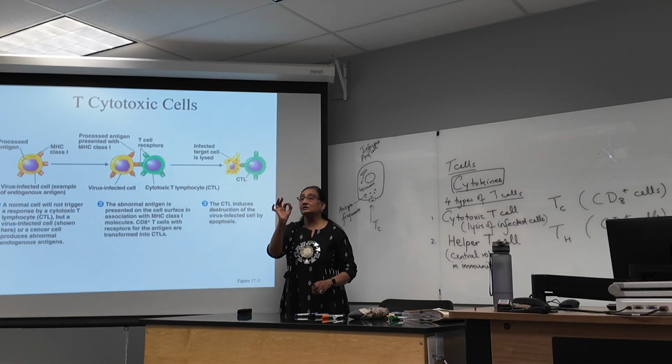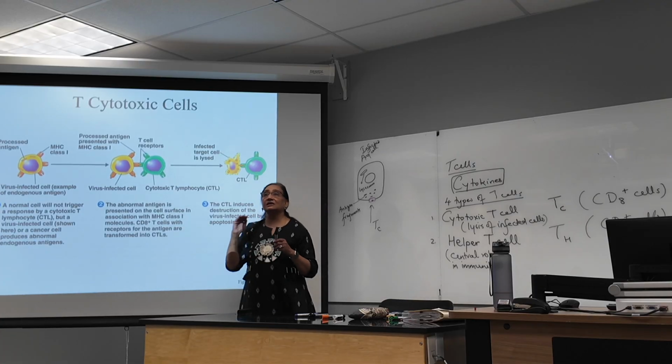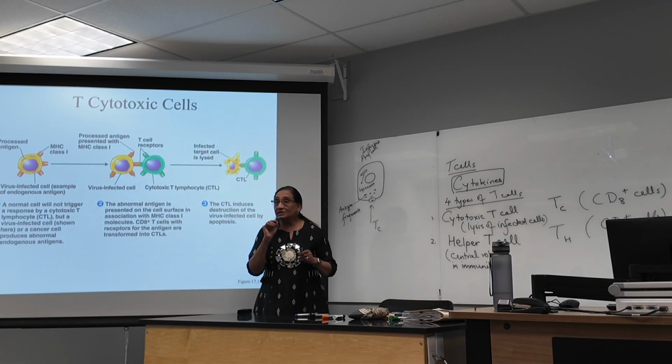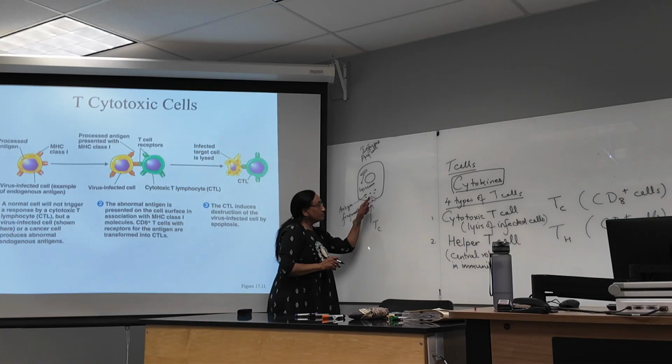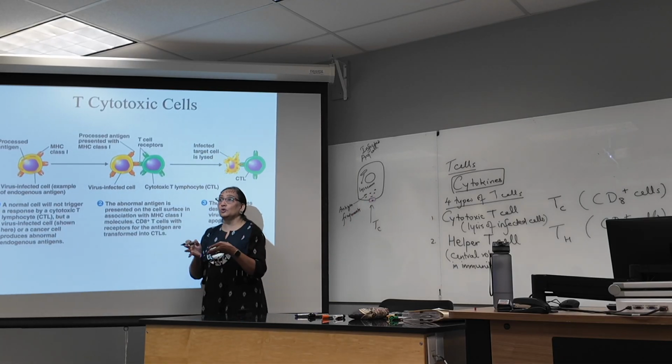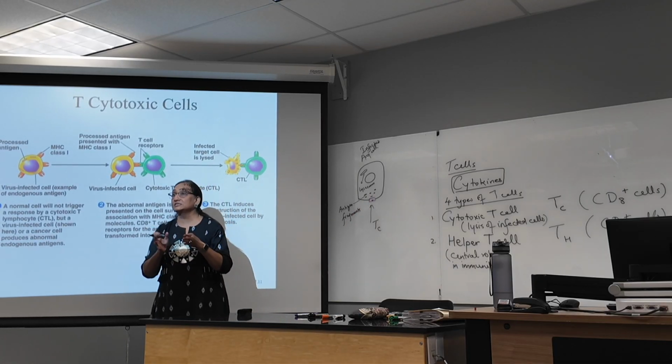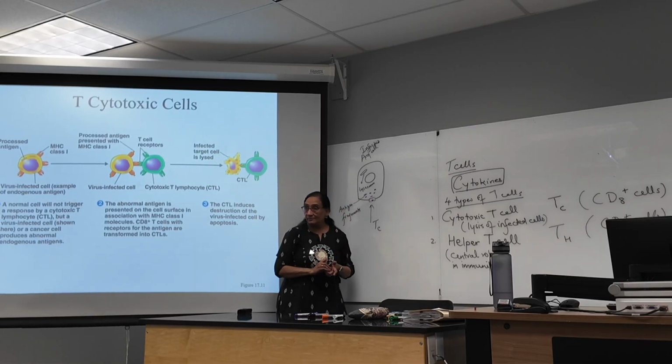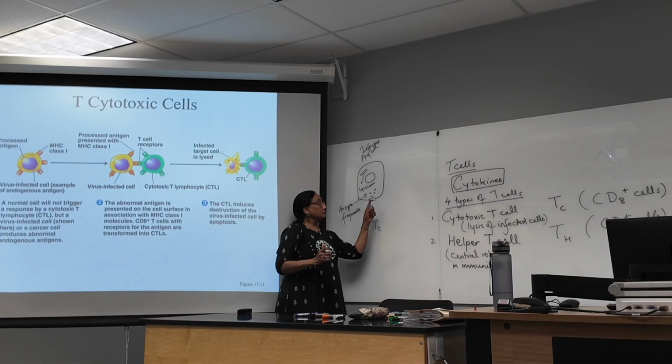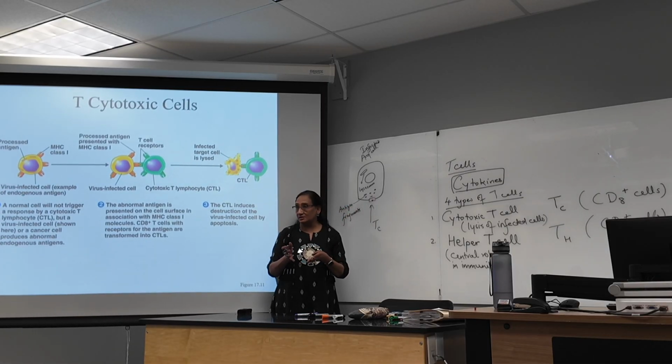So a cytotoxic T cell can directly cause lysis of the cell. The only thing needed is that the antigen fragment must be exposed on the surface of the infected cell. Every cell has the capability of doing this.